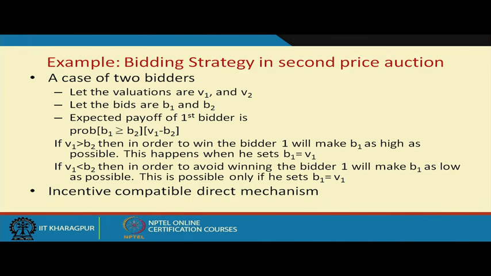Okay. Now, look at this, why they will be bidding. We are considering a very simple case of two bidders. Let their valuation for the object be V1 and V2. Now, let the bidders bid the values B1 and B2. What is the difference between valuation and bid value? Let us consider that apartment example again.